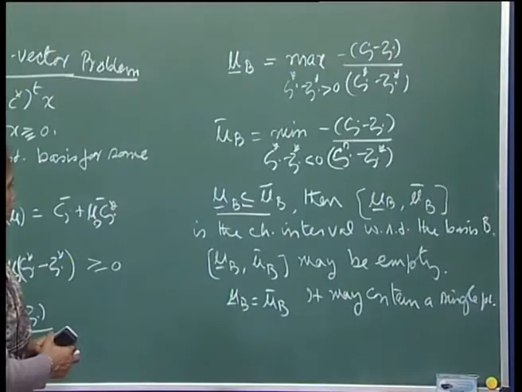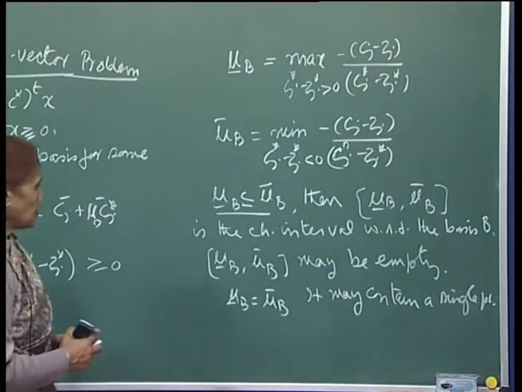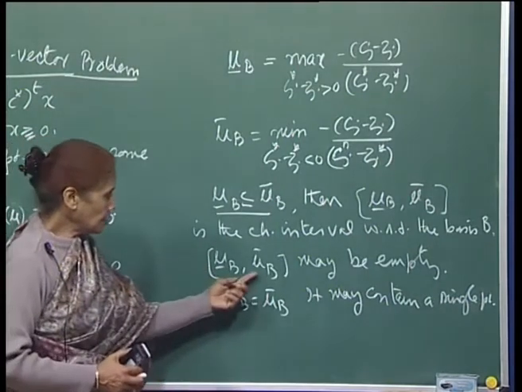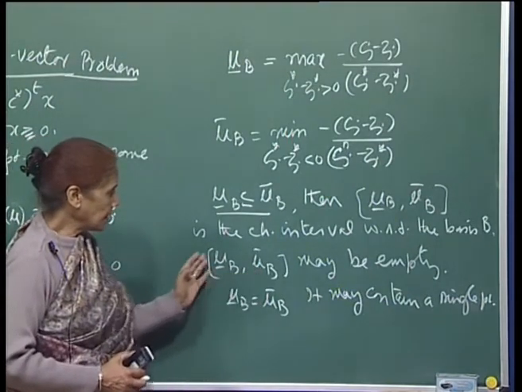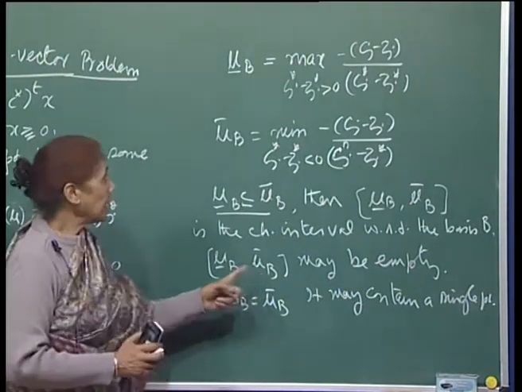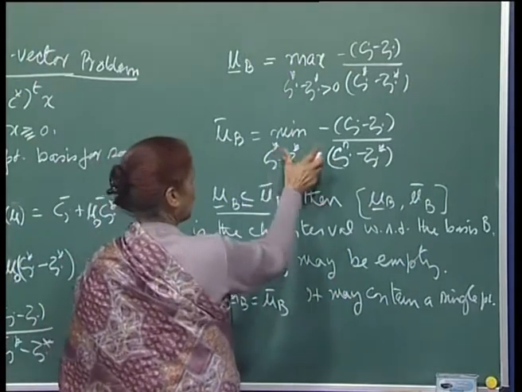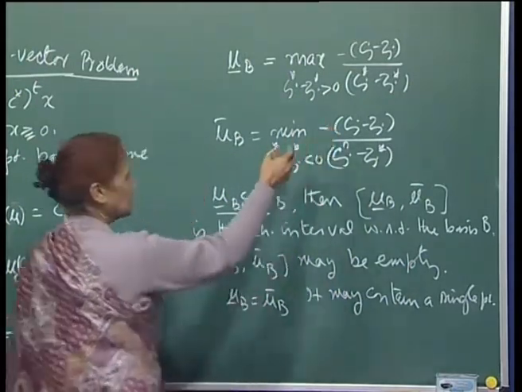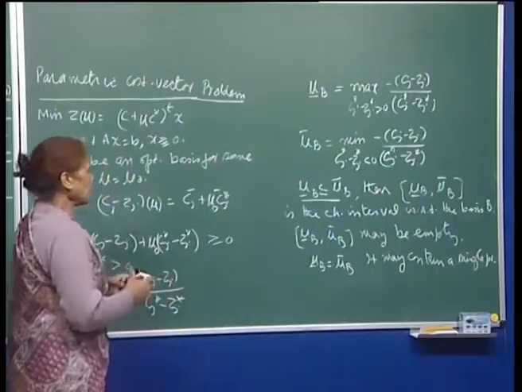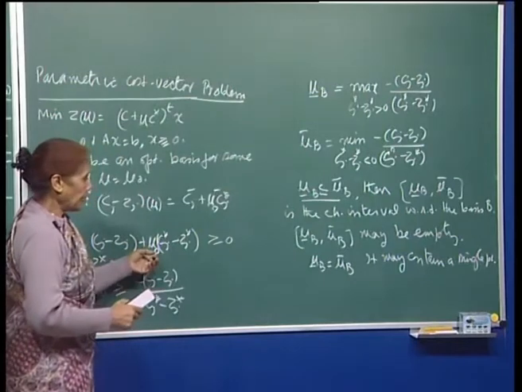Now, what else can we say about it? You see that the moment you choose a value of mu outside this interval, consider the case mu greater than mu upper bar B, then for whichever j this minima occurs, for that index the corresponding relative cost value will become negative.